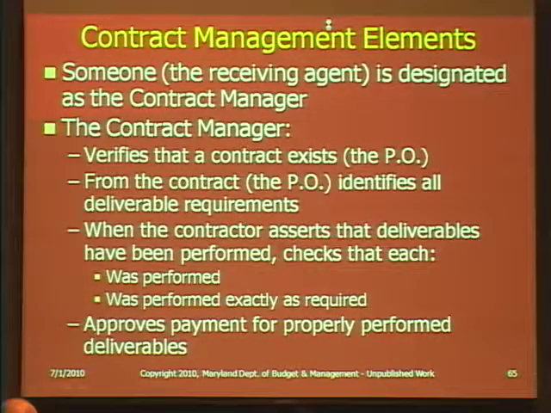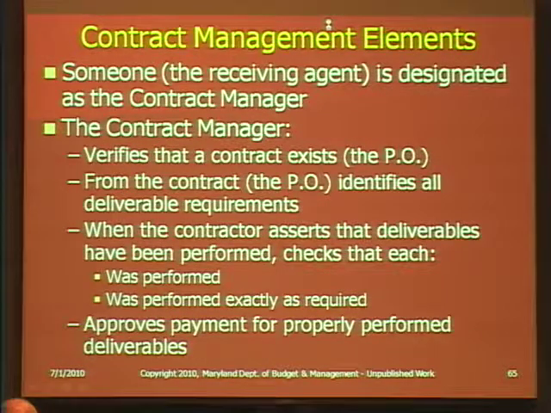Someone is to be a contract manager. In the example we just gave, the receiving clerk was the contract manager. And the contract manager is supposed to verify that there is a contract, because there is not supposed to be receipt of goods, there's not supposed to be payment for goods unless there's a contract authorizing it.